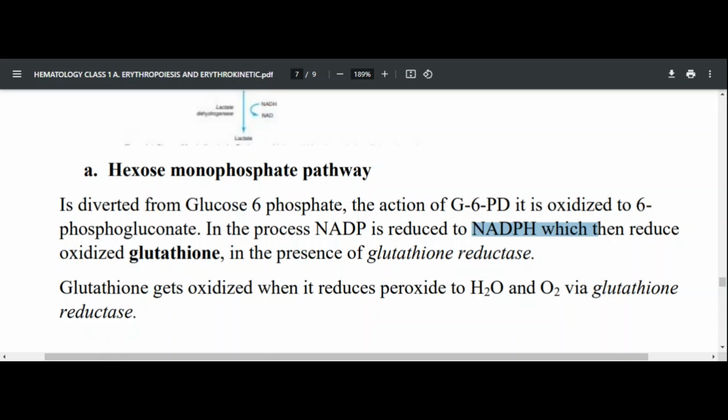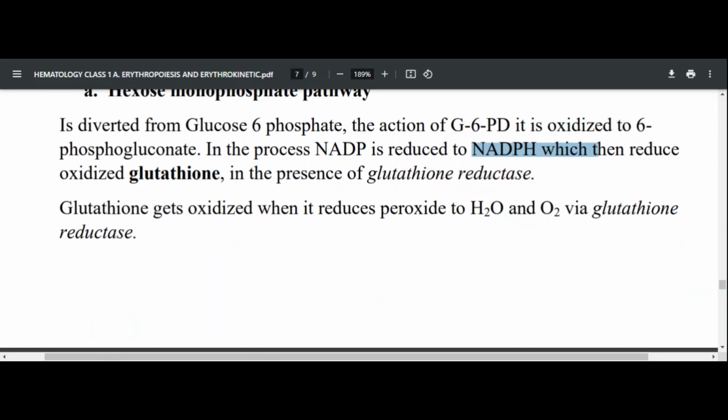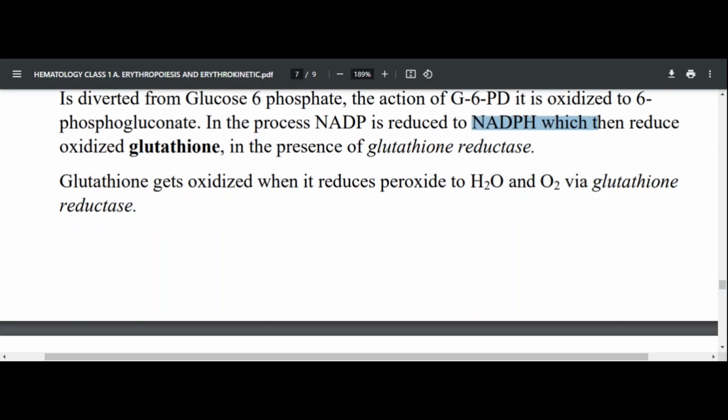This NADPH is very important, and it is generated from the hexose monophosphate shunt. Glutathione gets oxidized when it is reducing peroxide.